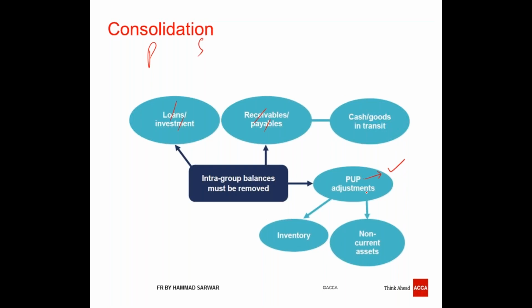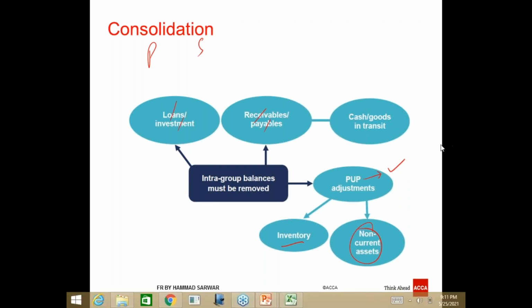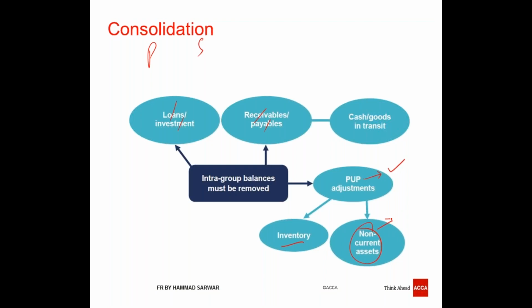Unrealized profit can be for inventory or it could be for the non-current assets, like when we have sold the non-current assets. So it's also possible for you to adjust the depreciation along with the unrealized profit.